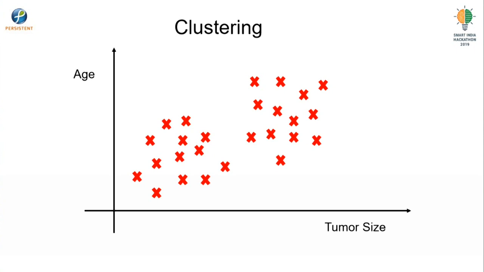What is the difference between what we are seeing on the screen just now and what we have seen earlier? In the earlier plotting, we used to see red crosses and green circles, is not it? So, there were two classes, one belonging to harmless and the other to harmful.